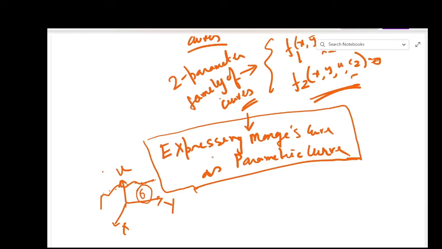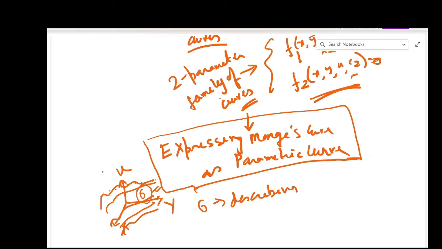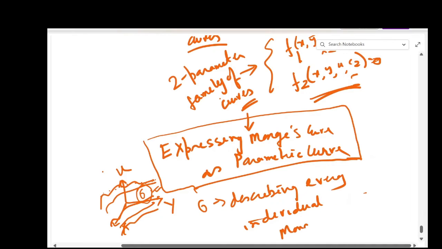Now, as I said, this is a two parameter family of curves, meaning you are going to get many of these curves, and there are two special properties via which you can identify a single member from this family. For any member, sigma is varying, because sigma describes every individual Monge's curve.